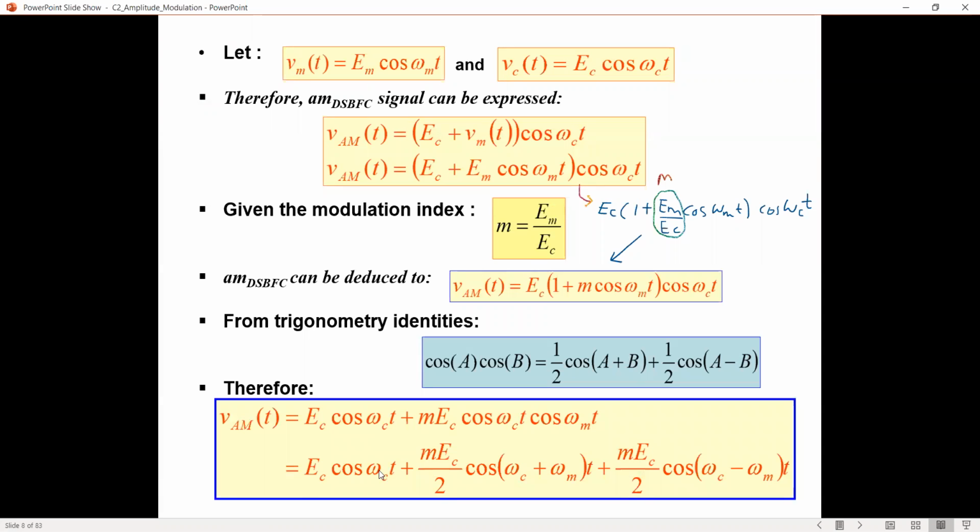Instead of two original signals, VMT and VCT, now we have three. The carrier, and there's no more VMT. What we have is the upper and lower sideband. These are the three signals produced as a result of our AM process.